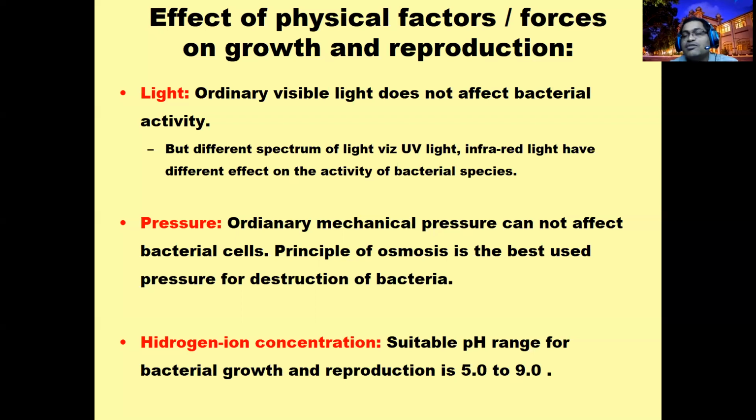Bt toxin can break the membrane in alkaline pH, not in acid pH. That's why it works in insects, because the insect gut has an alkaline pH, while the human gut is acid pH. So the membrane will not be demolished, right? It will not cause harm to human beings.